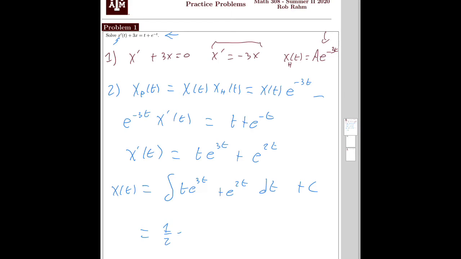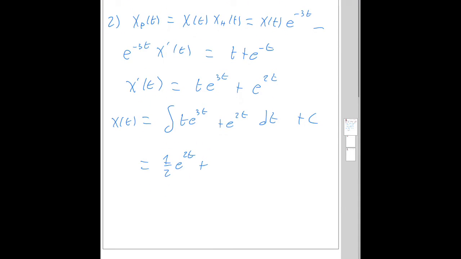Okay, so this is going to be 1/2 e to the 2t. That's the antiderivative of e to the 2t. And now I need to do this integral, the te to the 3t. Well, this is going to be integration by parts. So u is going to be equal to t, dv is e to the 3t dt.